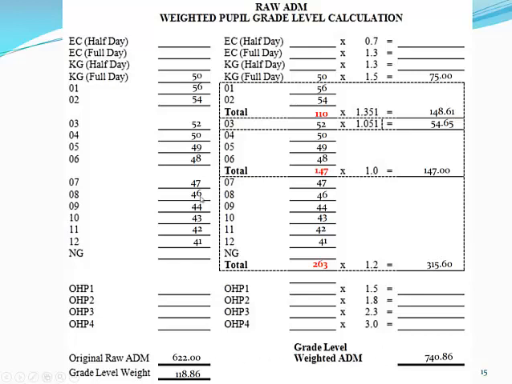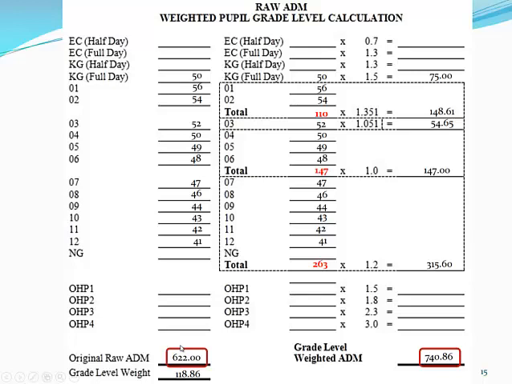Here we have our original raw ADM, and now we've weighted our students and we have 740.86. When we subtract our original raw ADM from our grade weight, we get a grade level weight of 118.86.